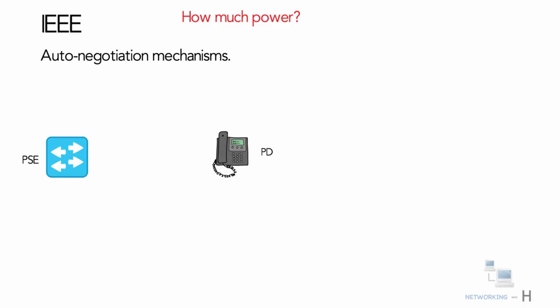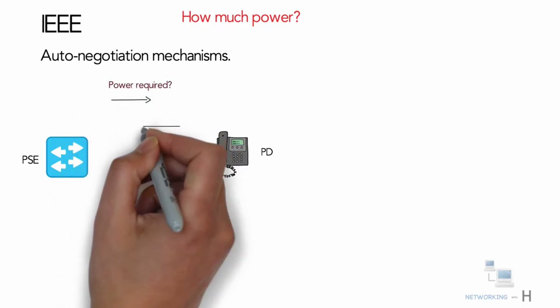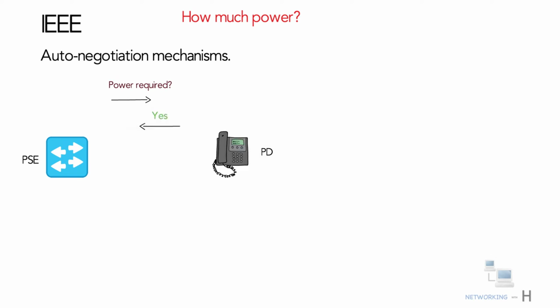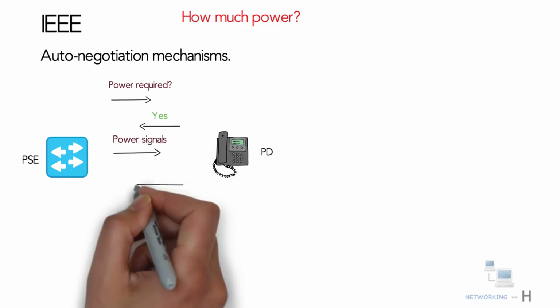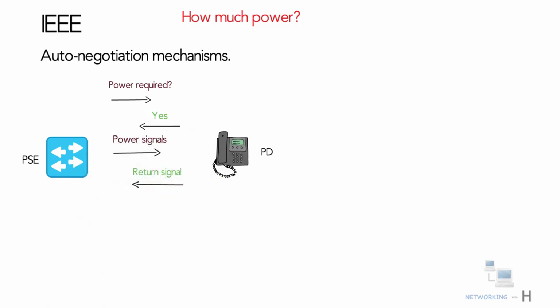Let's start with the process. First, it checks whether to supply power on a PoE capable port, unless negotiation identifies that the device needs power. If yes, then use Ethernet auto negotiation techniques, sending low power signals and monitoring the return signals to determine the PoE power class, which determines how much power to supply to the device.